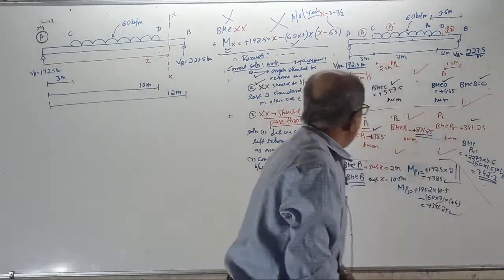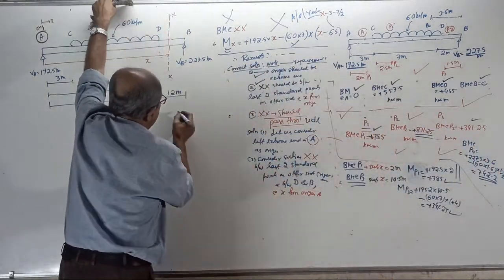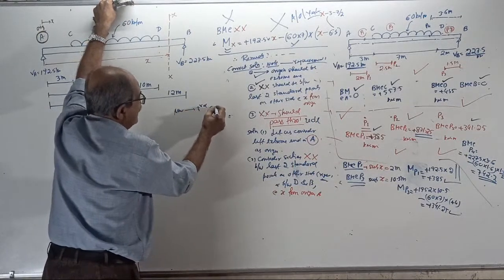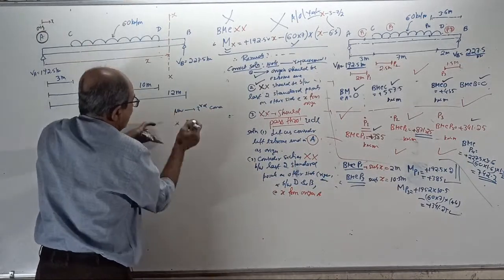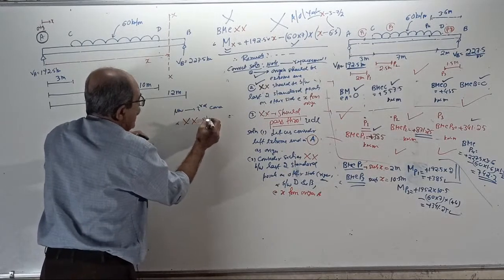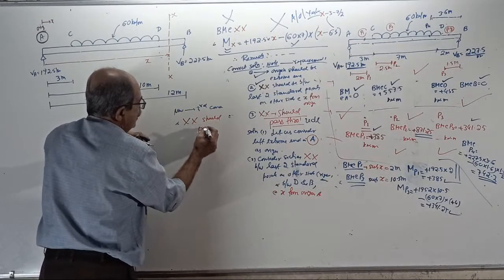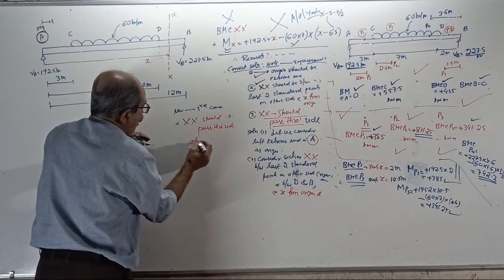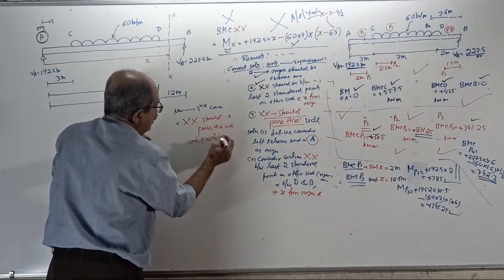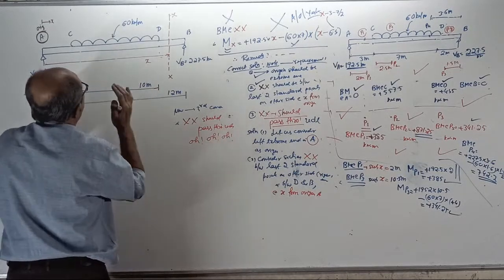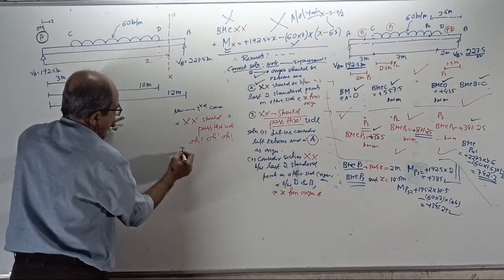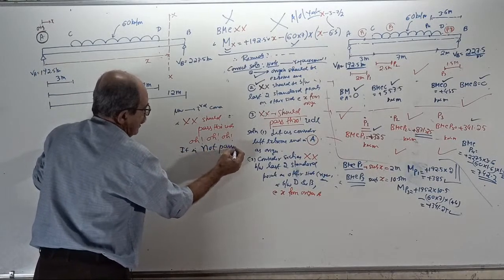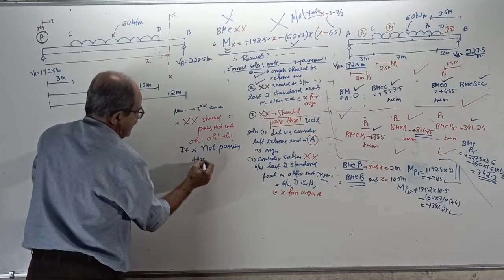Tell yes or no. Both are satisfied. Now, lastly write 3. Now, consider the third condition, that is, section XX should pass through UDL. Right. Oh, it is not passing through UDL.